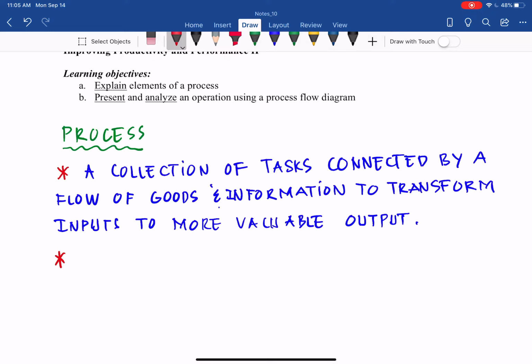How do we demonstrate and visualize the process? We use the process flow diagram.